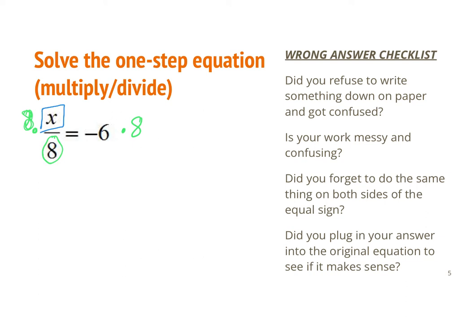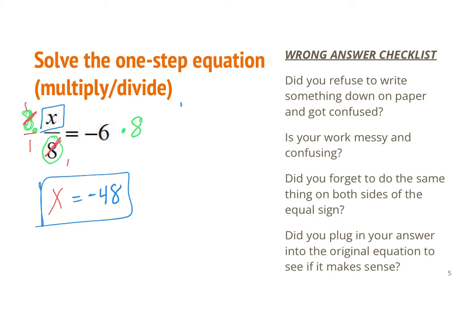Now, when you're multiplying these fractions, you can cross cancel, and all of this becomes 1. So we are just left with x. It's like math magic. And then -6 times 8 is equal to -48.